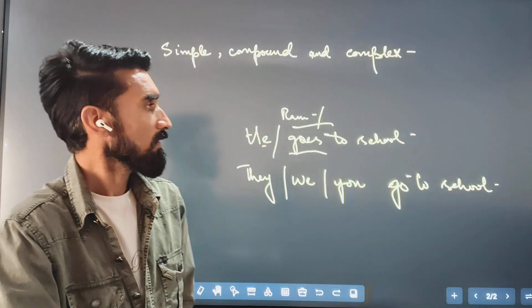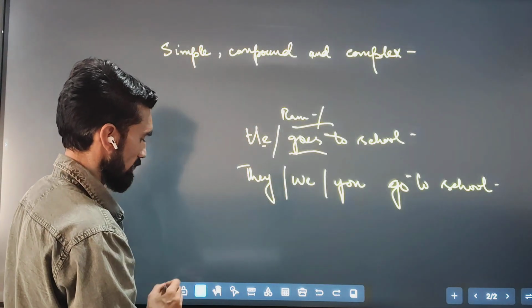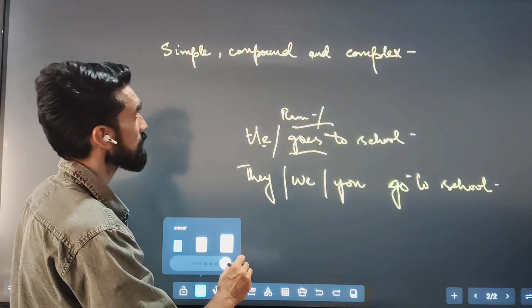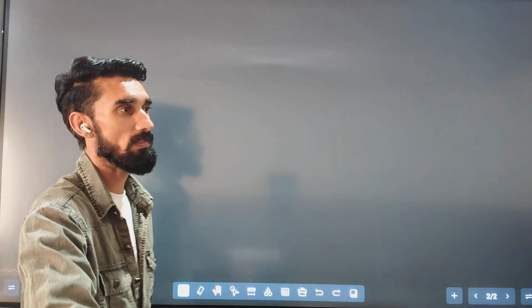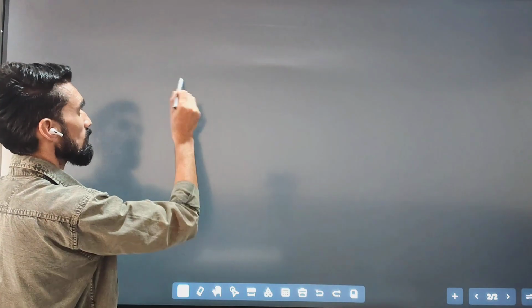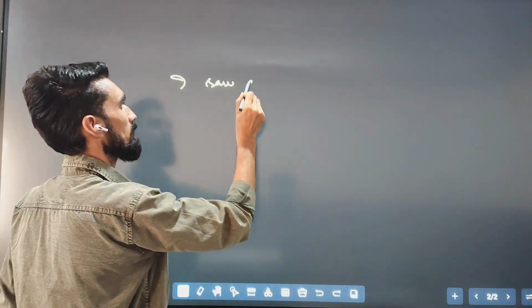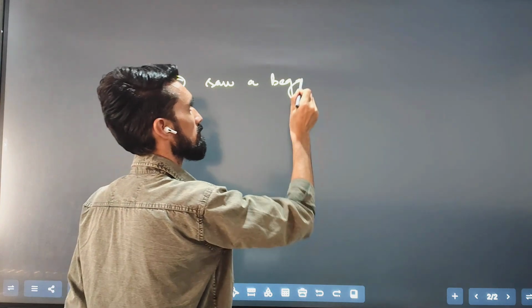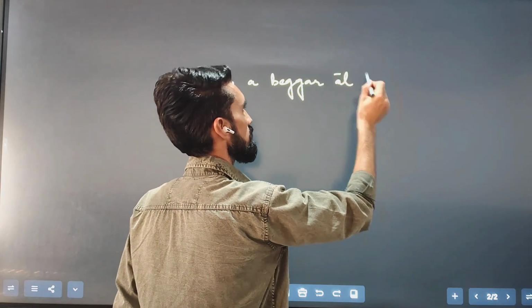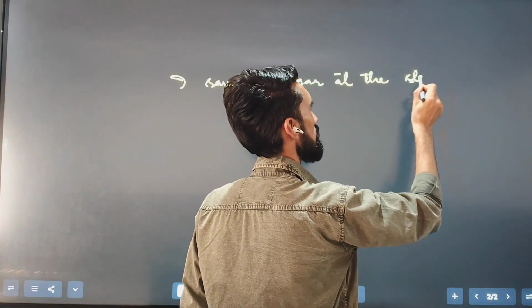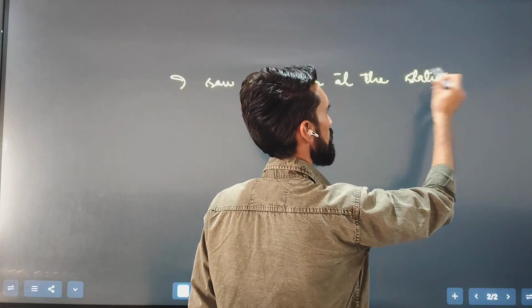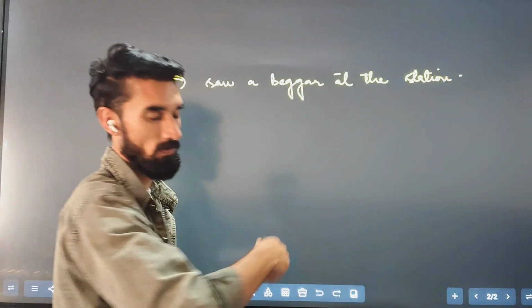Now, today too we shall be discussing some sentences which will be changed from compound to complex or complex to simple structure. Suppose I have written a statement: I saw a beggar at the station.